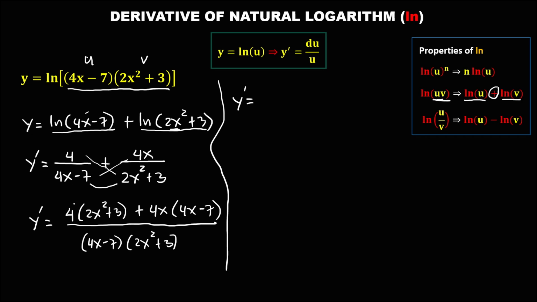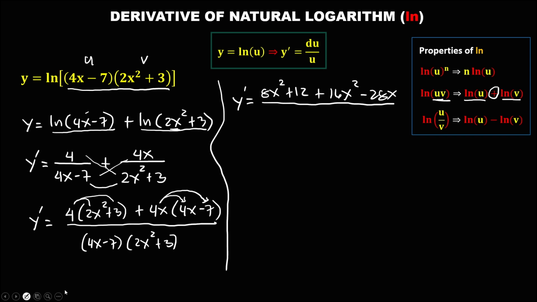y prime equals, so multiply, this becomes 8x squared, then multiply, so plus 12, then plus, multiply, this is 16x to the power 2, then 4x times negative 7, negative 28x, then over, so just bring down this denominator, so this becomes 4x minus 7 times 2x squared plus 3.